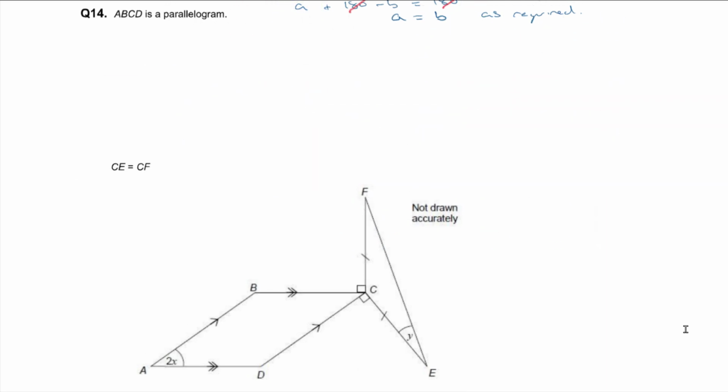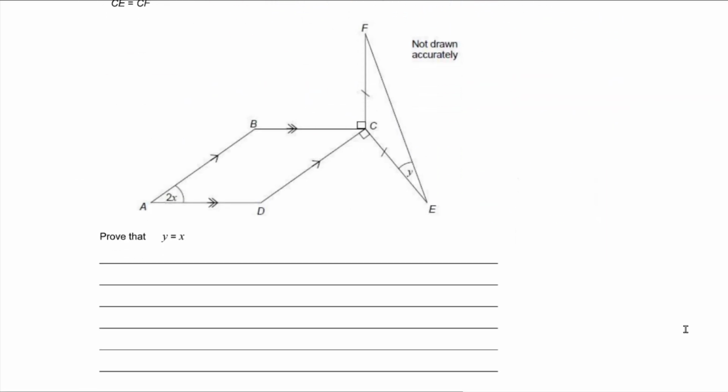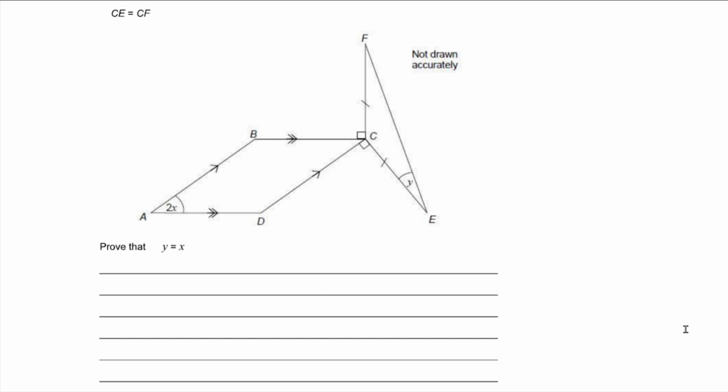Question 14, ABCD is a parallelogram. Don't know why it's all the way up there. We're told that CE is equal to CF. Prove that Y is equal to X. Well, I know that opposite angles in a parallelogram are equal. So that one there must be 2x as well. And I've got 90 and 90 there, so I should be able to work out that angle at C, shouldn't I?